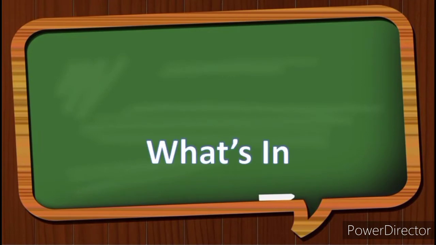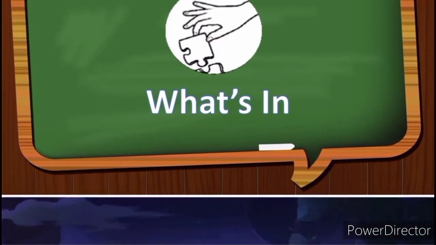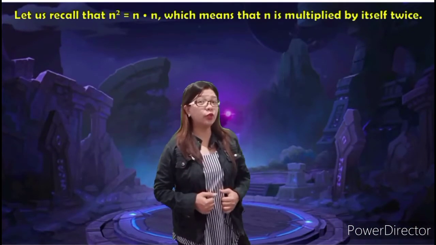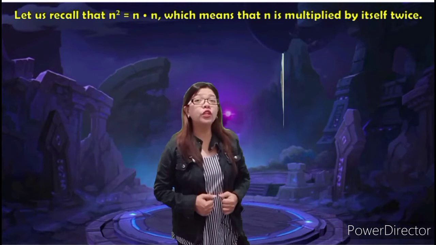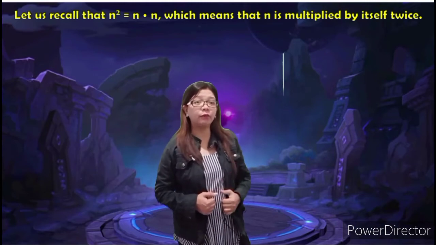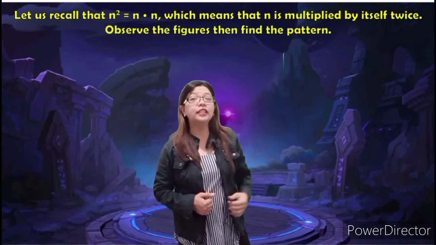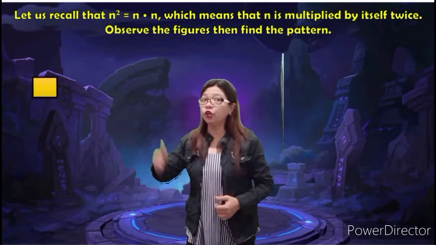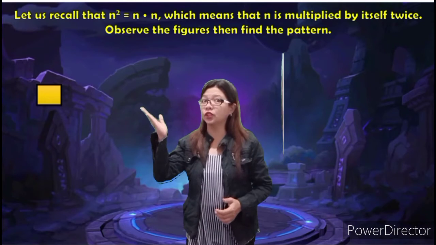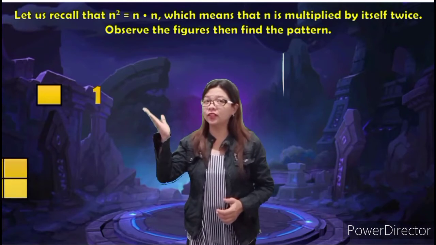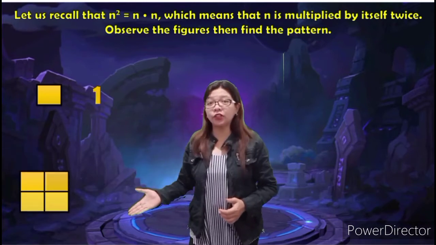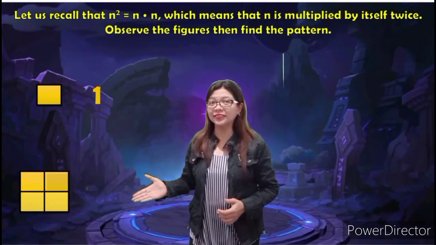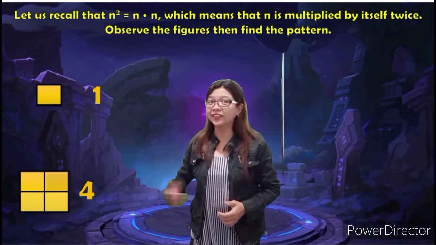What's in? Let us recall that n squared is equal to n times n, which means that n multiplies itself twice. Now let's insert the figure, then find the pattern. In our figure 1, we have one box or one square. In our second pattern, we have 2 by 2 squares, or we have 4.